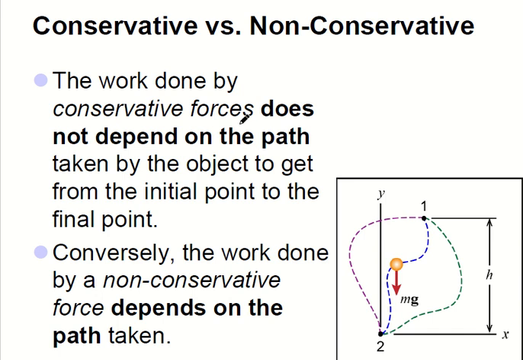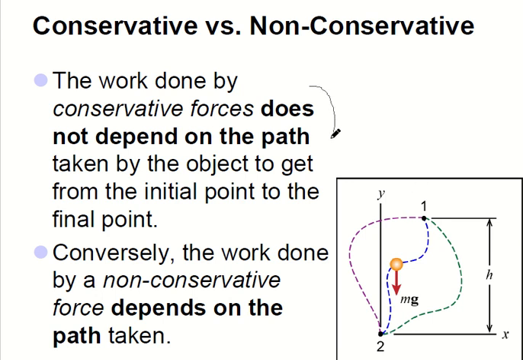Then we're going to compare conservative and non-conservative. So here is the work done by conservative forces. That type of work does not depend on the path taken by the object to get from the initial point to the final point.